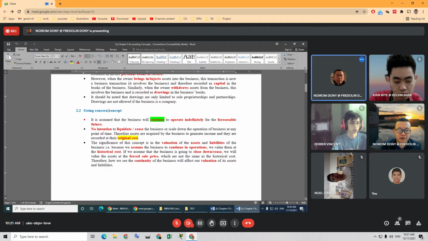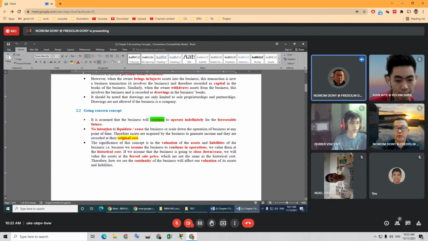Continuing focus concept, meaning it is assumed the business will continue to operate indefinitely for the foreseeable future. So when we prepare the financial statement, we assume the business is going to continue not only today but to the following year, and then until we don't know when, operating indefinitely. So that is for recording purposes. We assume that they are going to continue.